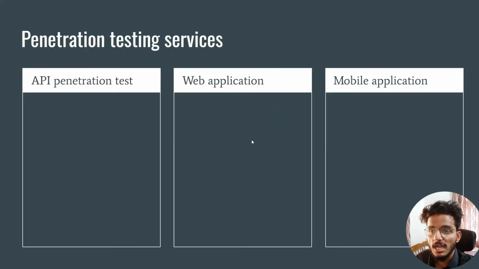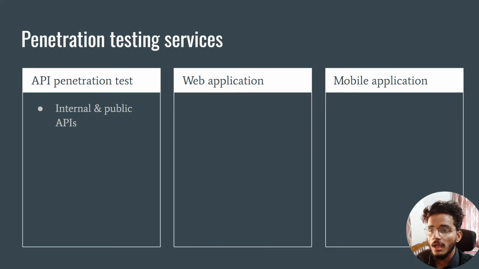There are three types of security services: API, web, and mobile application security services. In API penetration test, I test all the internal and publicly available APIs.